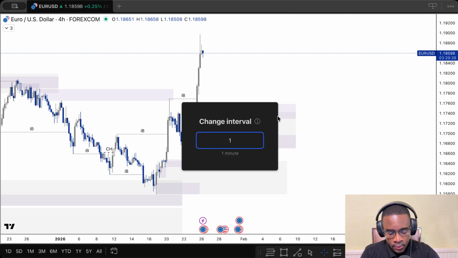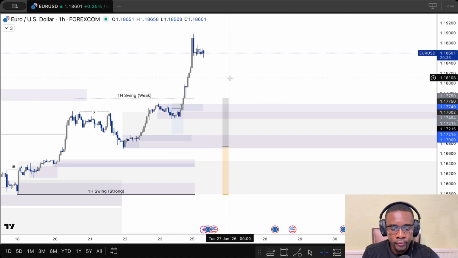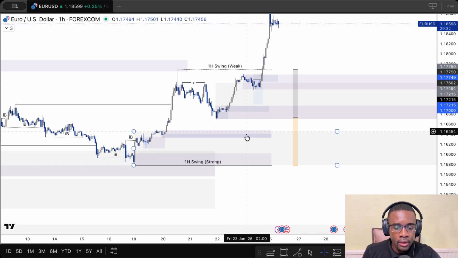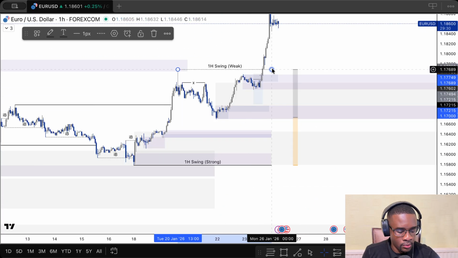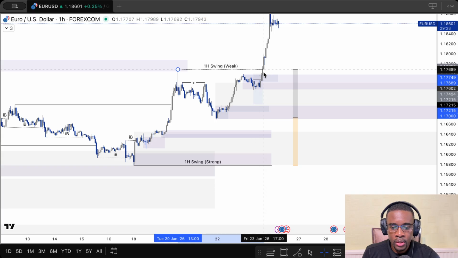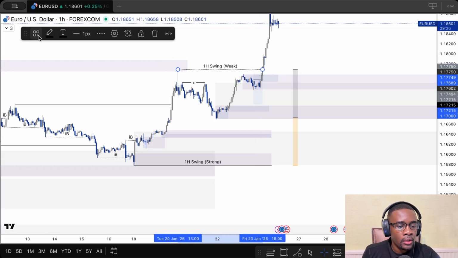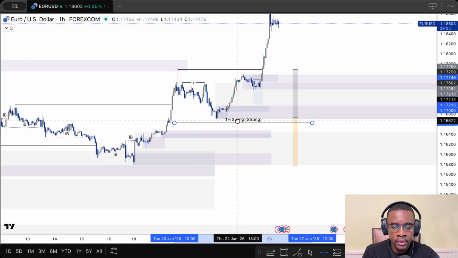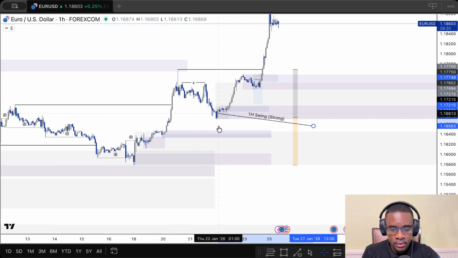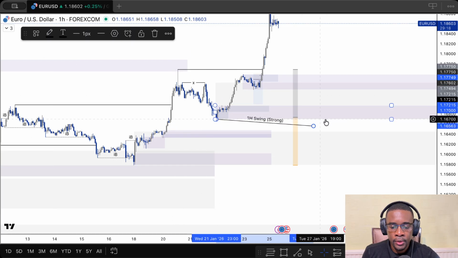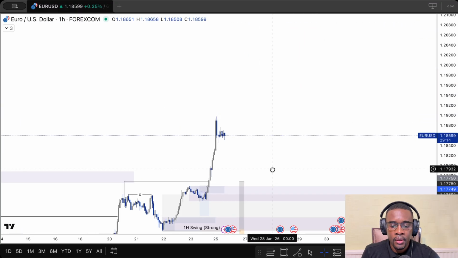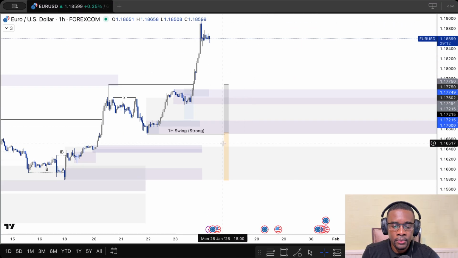Then on the 1 hour, this was our swing. Now that is a break of structure, and this is now our strong swing low.